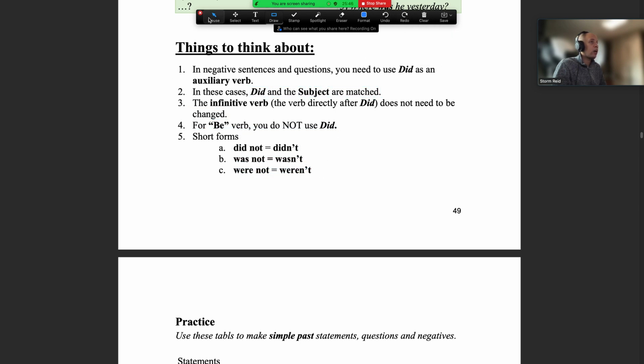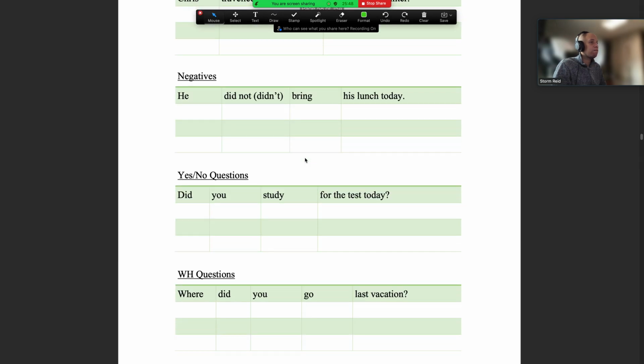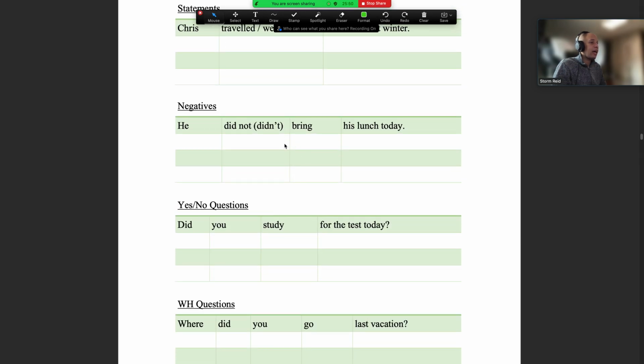All right, so anyway, let's come down and let's write down 1, 2, 3, 4, 5, 6, 7, 8. All right, again, just keep it simple, guys. If you don't want to use the words in the book, you can use any words you want to use. Okay, just make it simple, make it interesting.